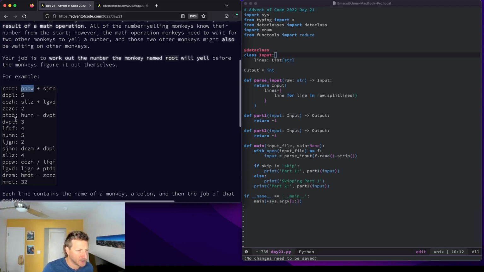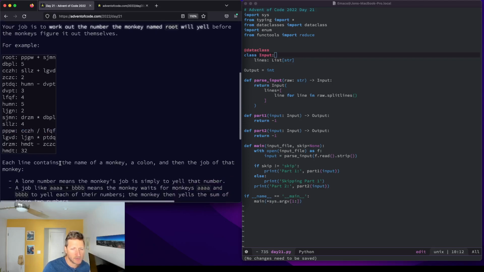All right, so you're just solving this? That seems doable. Is it recursive, though? It can't be recursive.